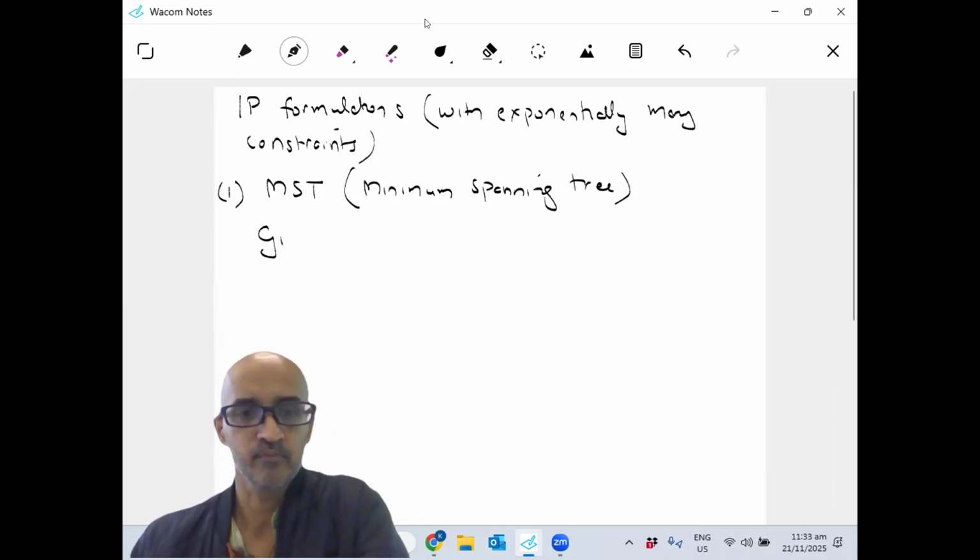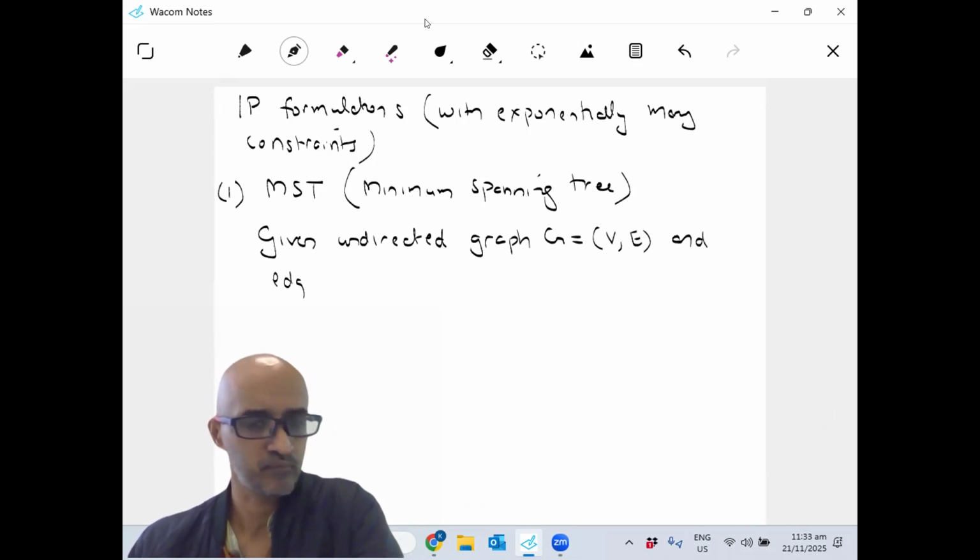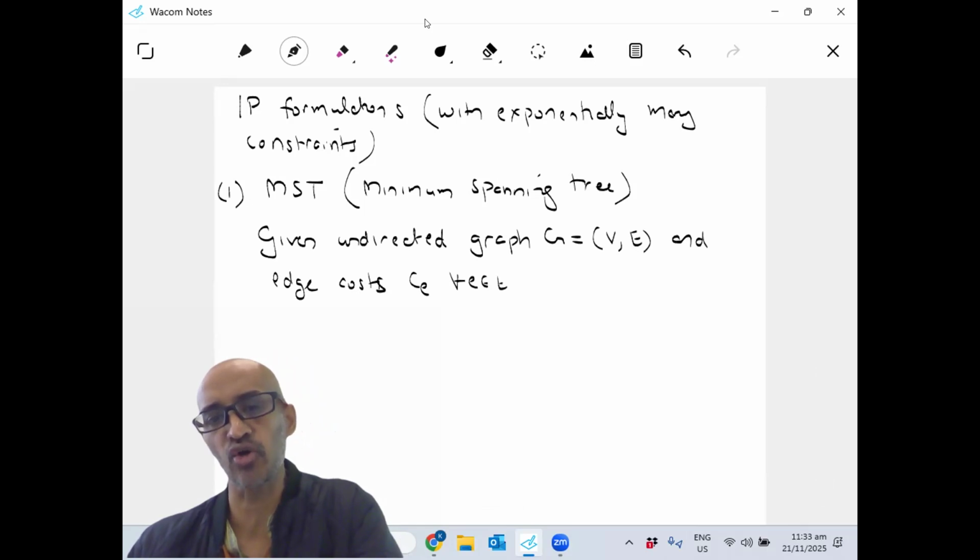So what's the MST problem? I'm given an undirected graph and edge costs c_e. So for every edge, there's a cost.